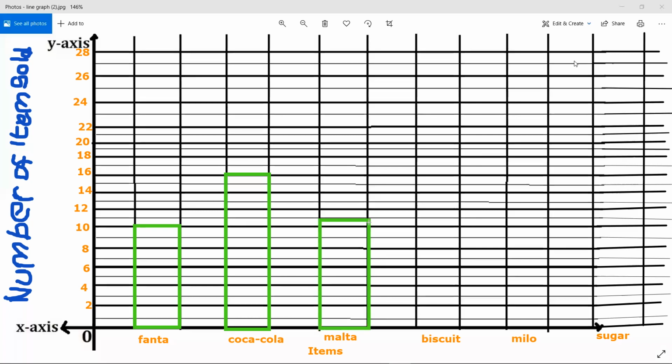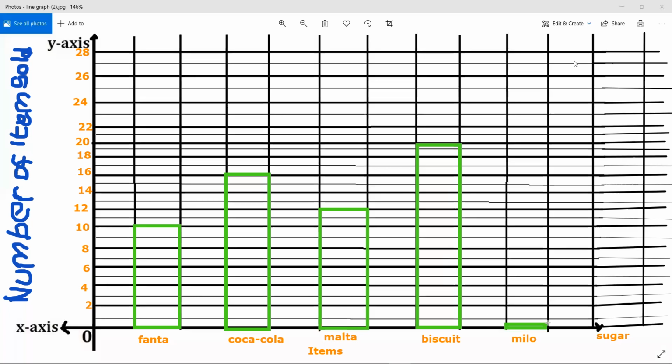Start from here, the 12. And then biscuits, 20. So the biscuit is 20. Okay. Then Milo, 14.